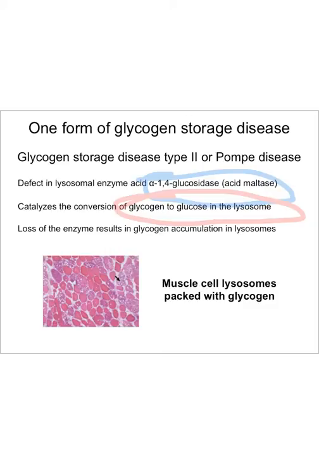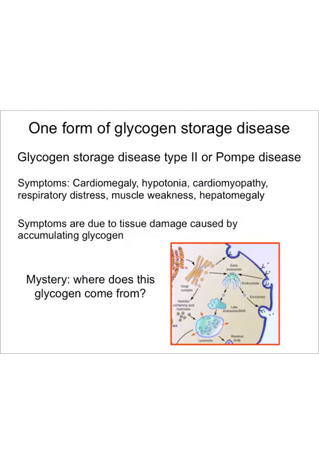You get glycogen accumulation in the lysosome, and this can be seen in the staining by all these white dots that you see within muscle cells here, because the lysosomes are now packed with glycogen and are starting to fill up the muscle cells. The symptoms of glycogen storage disease type 2 are mainly based on which cells have the most glycogen, and that is primarily muscle cells.